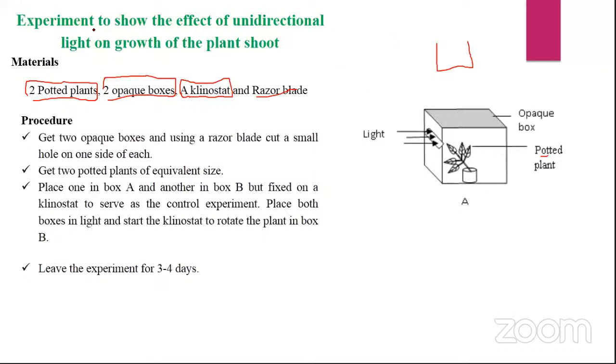We are looking at an experiment to show the effect of unidirectional light. Unidirectional light means light coming from a given direction, like here. I'm assuming this is the light. So light is going to enter, and it can only enter via this small hole.